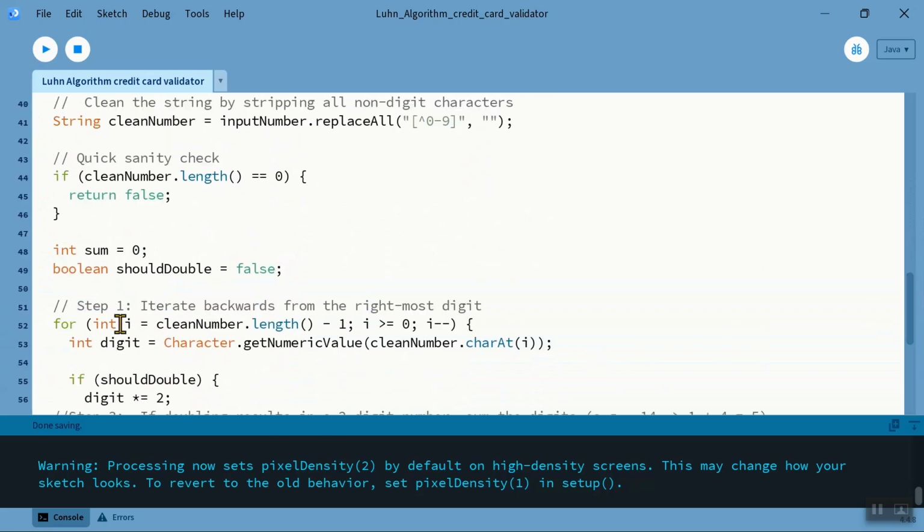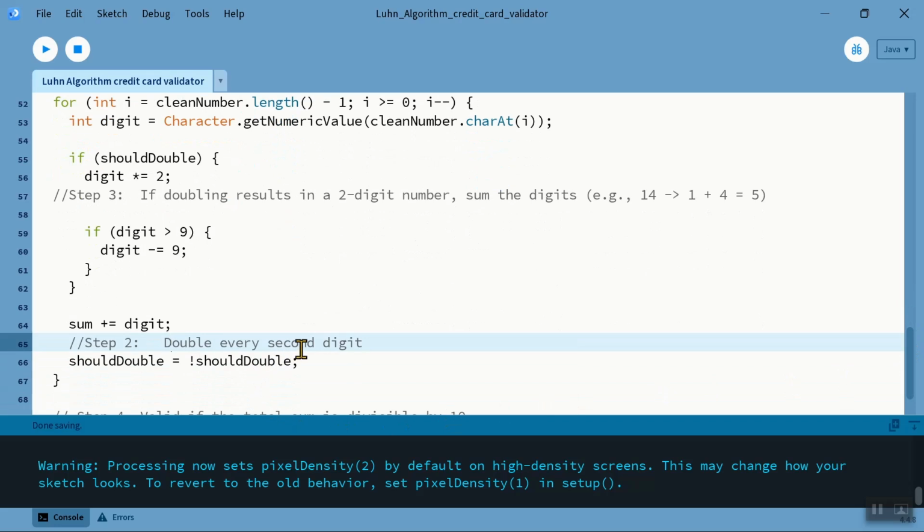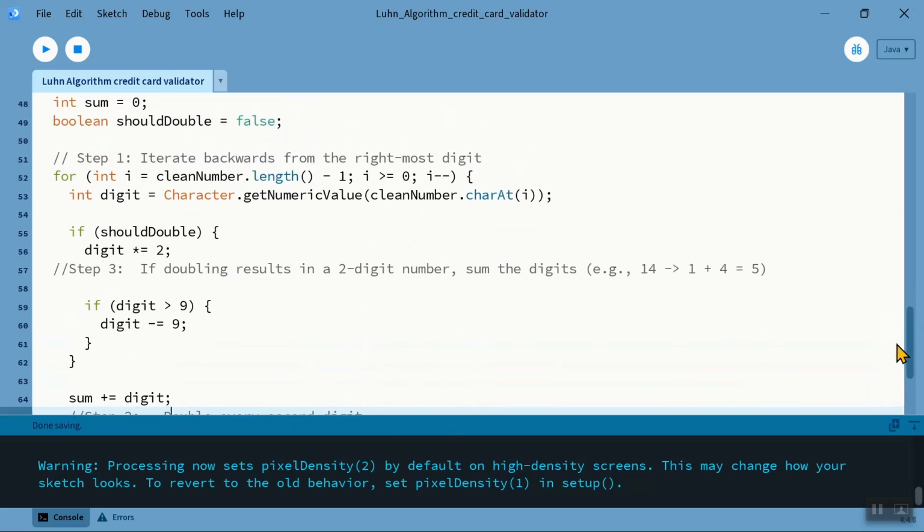Step 1, we iterate backwards from the rightmost digit. And step 2 is we double every second digit. Step 3 is if doubling results in a 2-digit number, then sum those 2 digits. Like if it's 14, you add 1 and 4 to get 5.